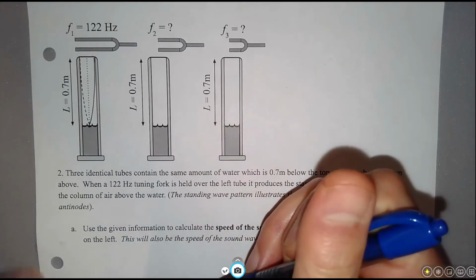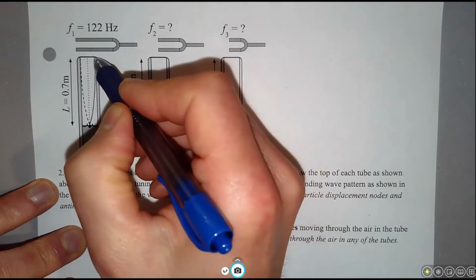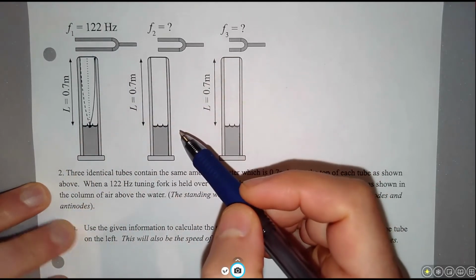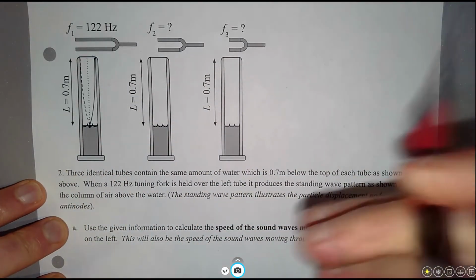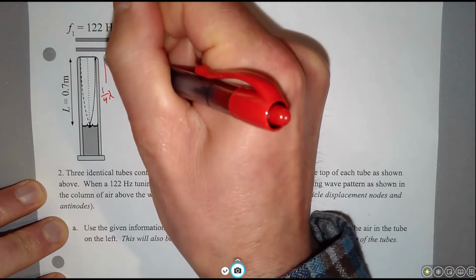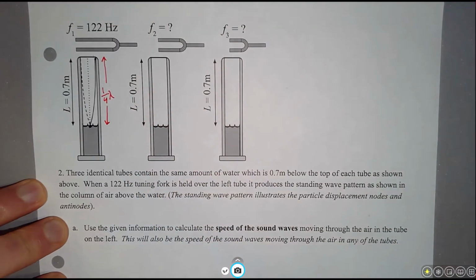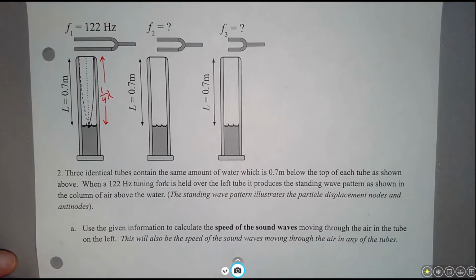Well, from a node to an antinode is just a quarter of a wavelength. And so that 0.7 meters is just a quarter of the wavelength of the sound wave that's coming off of that tuning fork, which creates that particular standing wave.